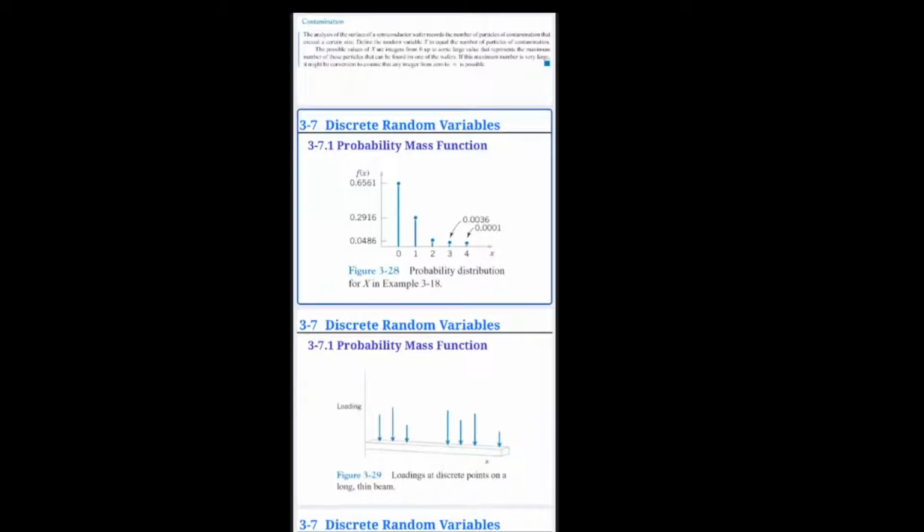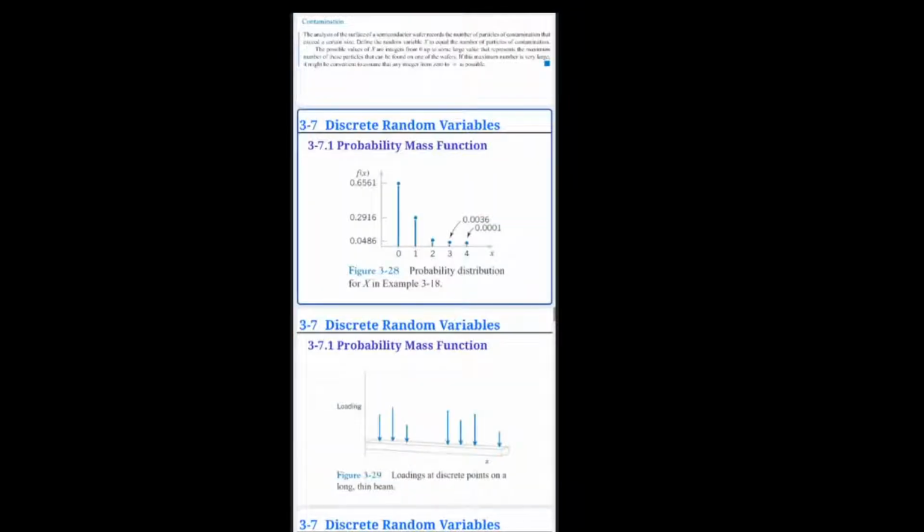В нас воно називається табличне задання функції ймовірності, тому що, по суті, в нас є вимірювання лише в певних точках. Тобто, наша функція не неперервна, вона дискретна. І може бути задана таблицею.